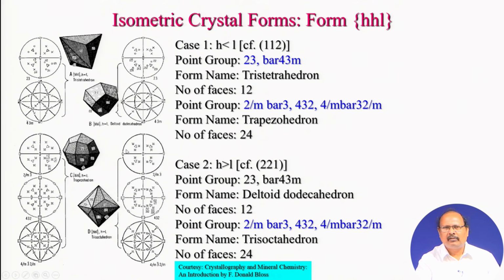Each octahedron face now consists of 3 triangular faces, as has been shown here. This is your 111 octahedral face. Now, it consists of these 3 triangular faces. So, 3 into 8, there are 24 faces. We call it the thrice octahedron. So, we have studied the thrice tetrahedron and thrice octahedron, and you also have a trapezohedron and a deltoid dodecahedron.